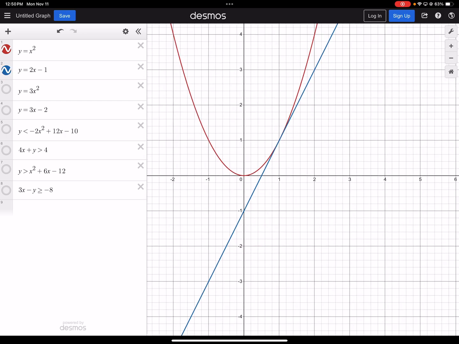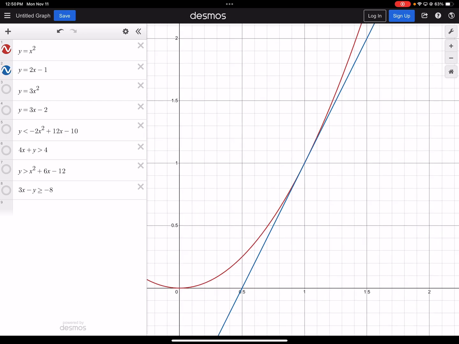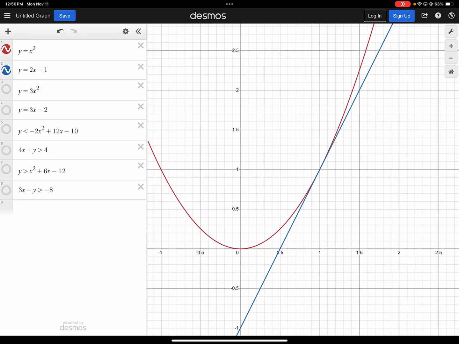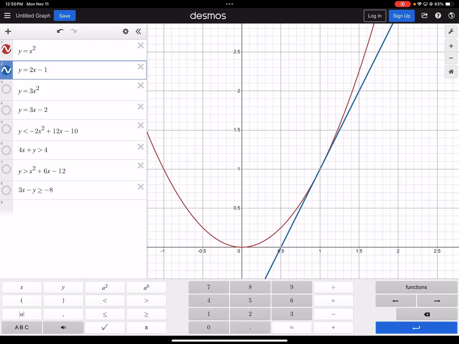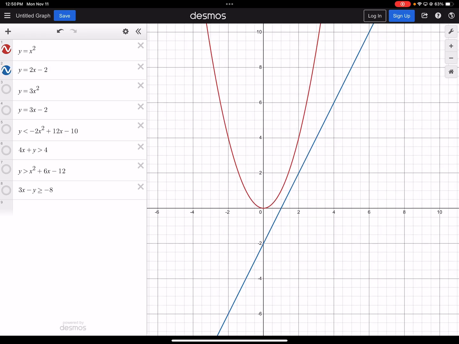That's the only solution that they have. They don't meet in any other spot. So it can have 1 solution. Or, of course, if I change this to -2, there can be no solutions. They simply never intersect each other. This is going out at much less of an angle than this quadratic is.